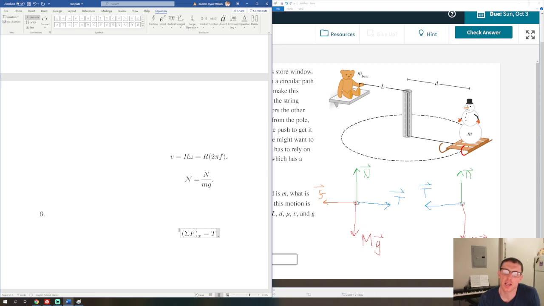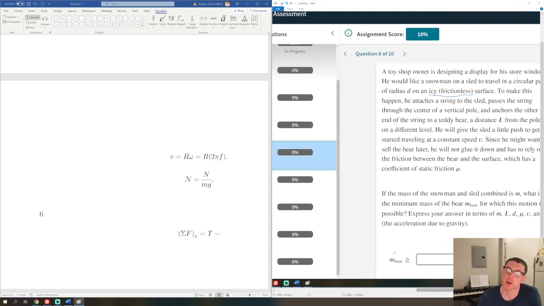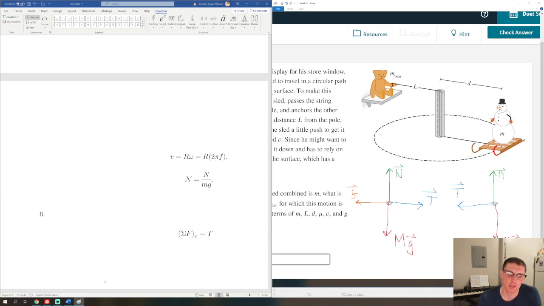So I'm going to say that the tension, and again, I'm going to solve for the maximum static friction force here because that will just simplify things. And we just have to remember, which is easy in this case because they have us express our answer like this, that we're going to actually wind up with an inequality because static friction is defined via an inequality, right? But we don't have to worry about that at all, really.